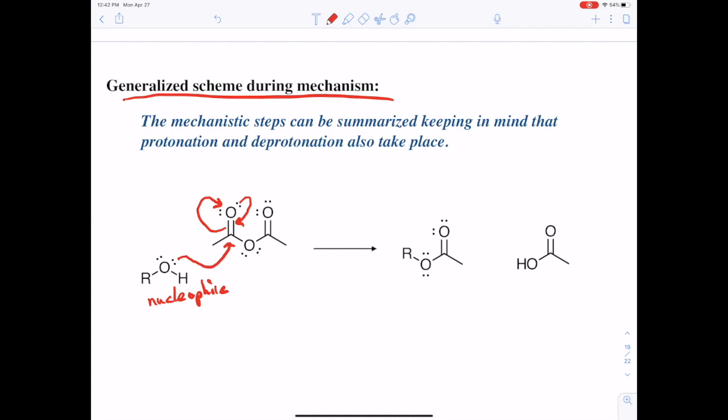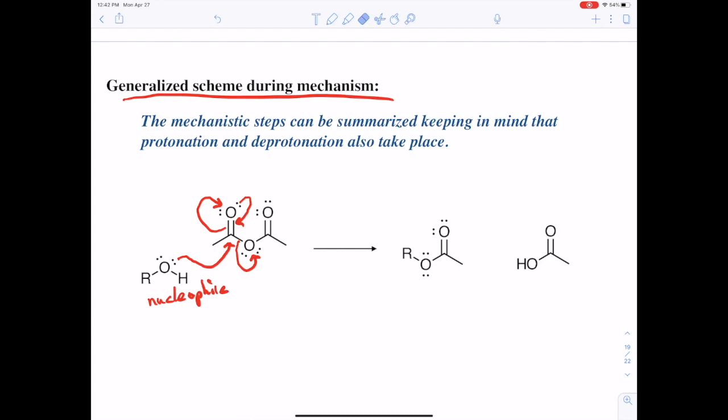Now, I should say all of these steps are in equilibrium. When these electrons come down, the nucleophile that just added in could get kicked off when we go back to starting material. But another thing could happen. This bond, instead of the nucleophile coming back off, this group that's already on at the beginning could come off. And that's what happens here.